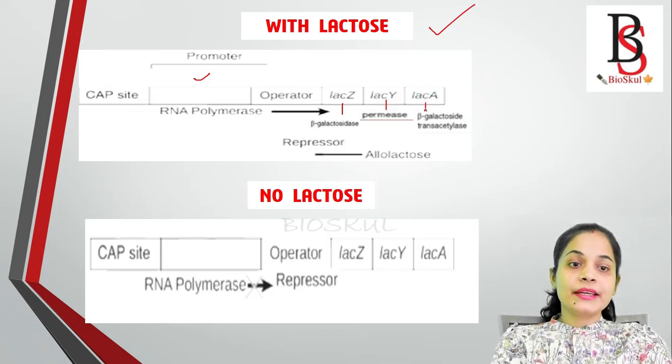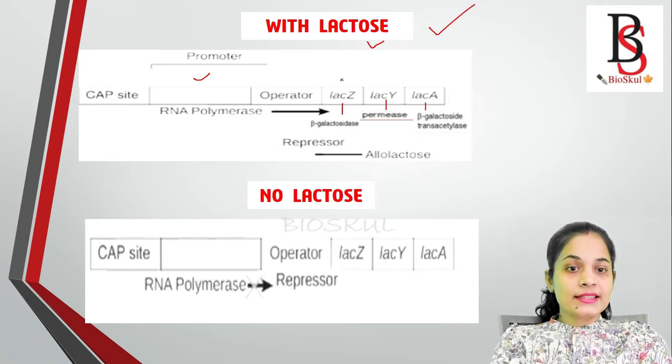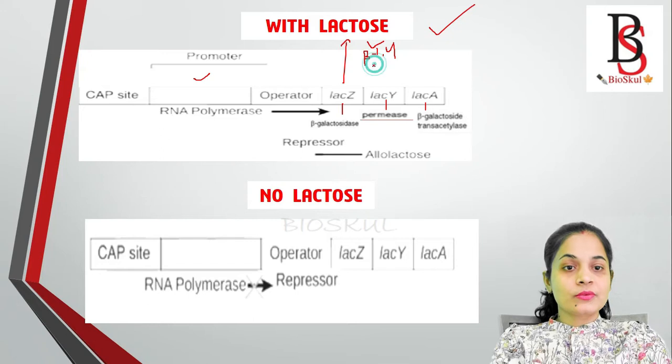the enzyme beta-galactoside transacetylase. So when in the media lactose is present, then beta-galactosidase enzyme cleaves the beta-1,4 glycosidic linkage present between the glucose and galactose, and it will form the glucose molecule as well as the galactose molecule.